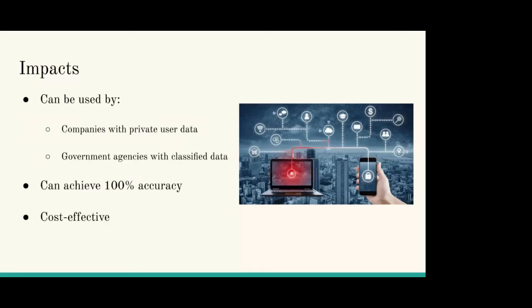And then another benefit of brain biometrics is that it has the potential to achieve 100% accuracy because of how unique and consistent every person's brainwaves can be. So this 100% accuracy has not actually been achieved yet, but it does have the potential for it. Currently, other forms of biometrics, like fingerprints, for example, do not have the potential to reach 100% accuracy.